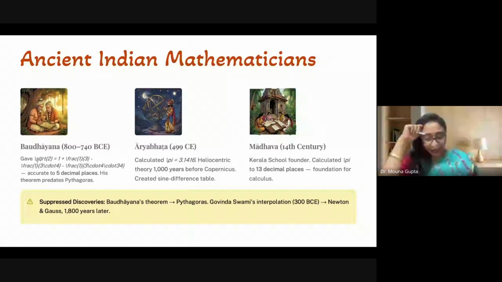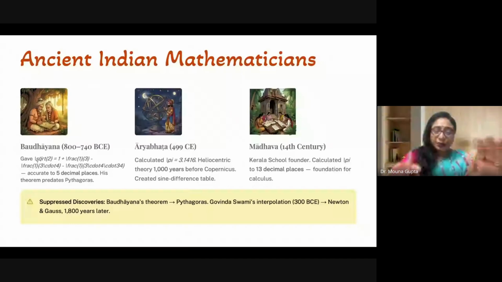He lived during the time when people were using fire altars for worshipping, and they were using figures like the right angle triangle, trapezium, and circle, and drawing all these. They came to know that they had to have a ratio of the side of a square to its diagonal.